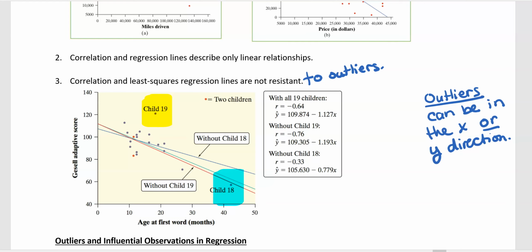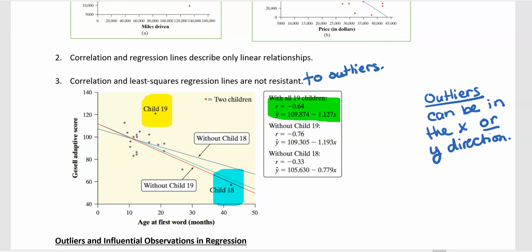When you look at these, right here, this is the original data with all the points included. If we take out child 19, which was our outlier in the y direction, our correlation changes a little bit, our y-intercept changes just a little bit, and our slope changes just a little bit.